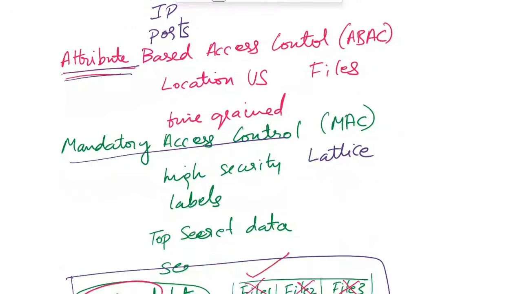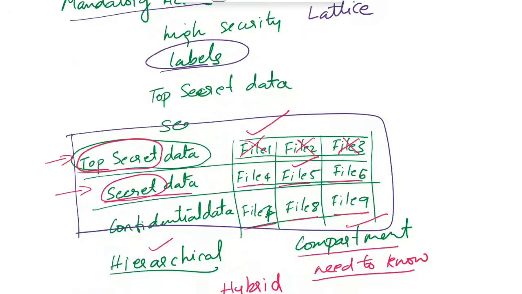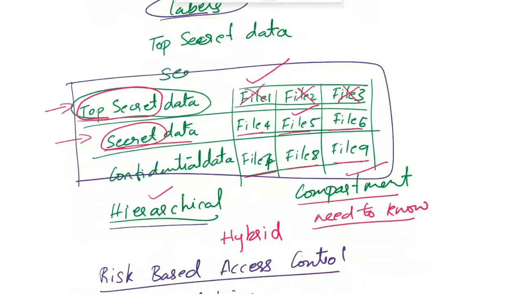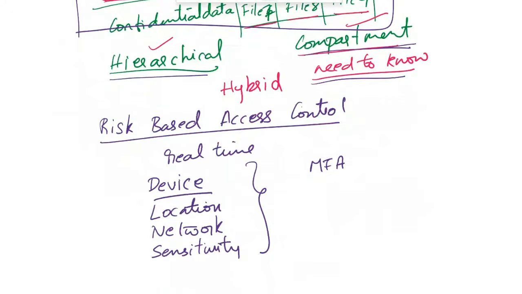Then we have mandatory access control, which is also called lattice access control. It is based on labels. In this we have two types, hierarchical and compartmentalized. Compartmentalized access control provides the need-to-know principle. Then we have risk-based access control.